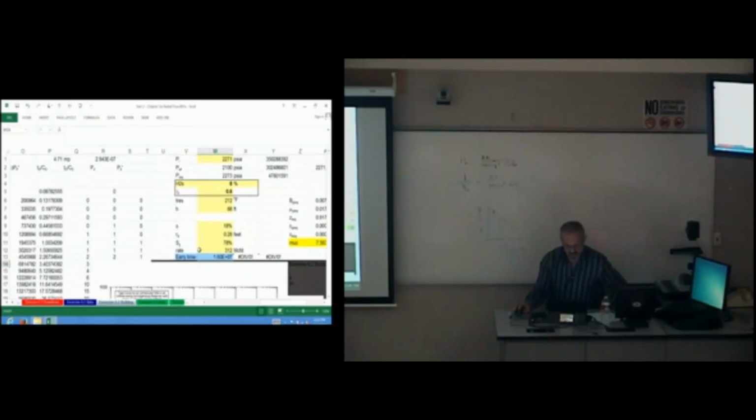That gives me multipliers for T sub D of 4.71. A lot of you are using the reciprocal. So if you're using the reciprocal, you should be looking at a number like 0.212.